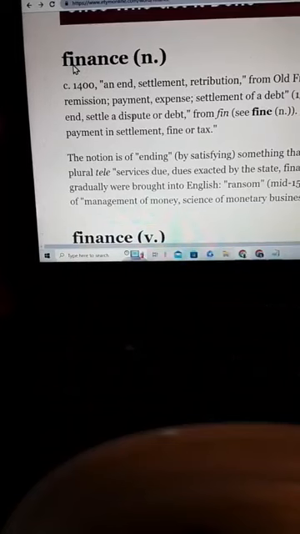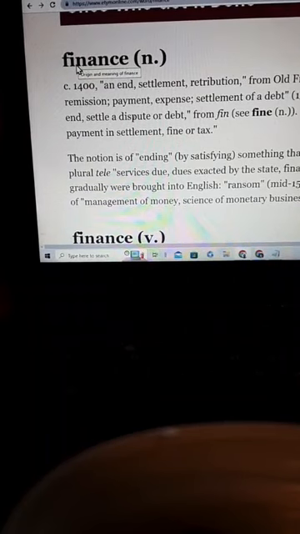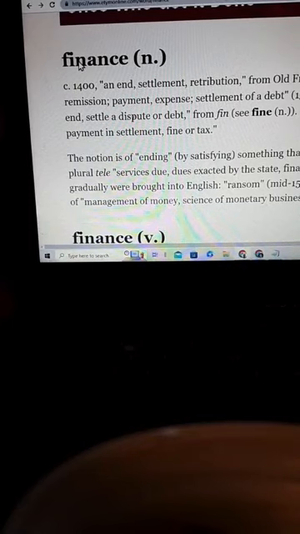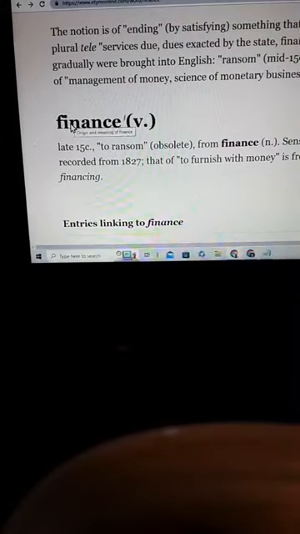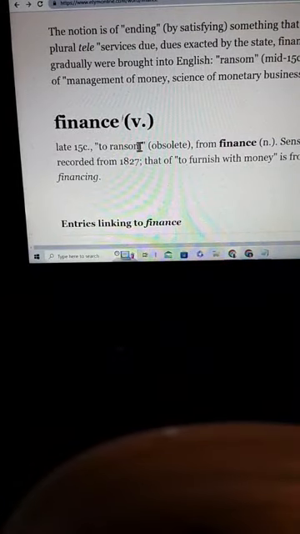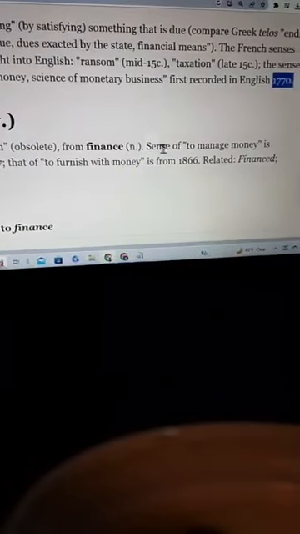So, fi was a word in Old English that was transferred to New English and then contracted or attached to another term, nance. Finance is a verb. To ransom. Obsolete from finance, the noun.